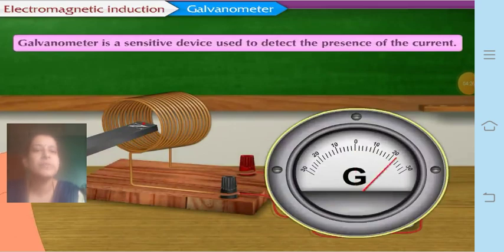A galvanometer is a sensitive device which is used to detect the presence of current. Now you might be thinking, an ammeter is also used to measure current, so what is the difference between these two?